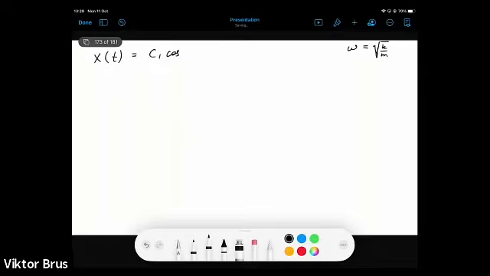So omega stands for angular frequency. Then we can write here C1 cosine omega t plus C2 times sine omega t. So it's the same equation as the previous one.